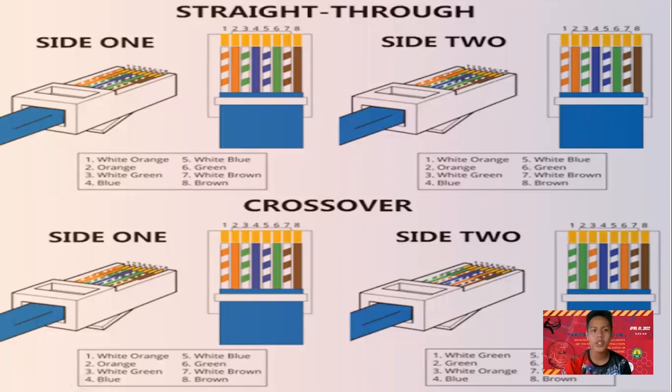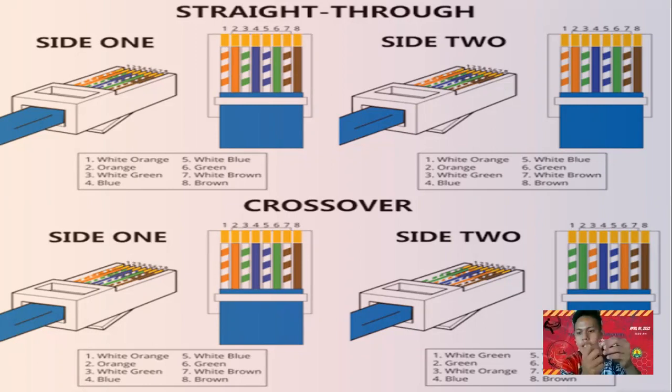So the straight through connection uses the combination of white-orange, orange, white-green, blue, white-blue, green, white-brown, brown. So as you can see, I made it so it's very small. So white-orange, orange, white-green, blue, white-blue, green, white-brown, brown.